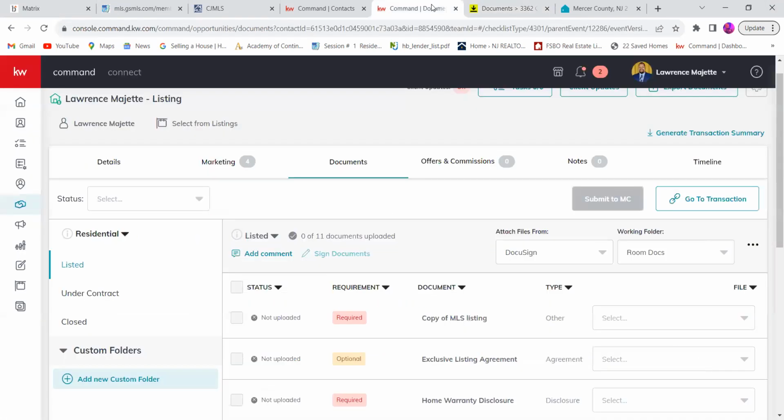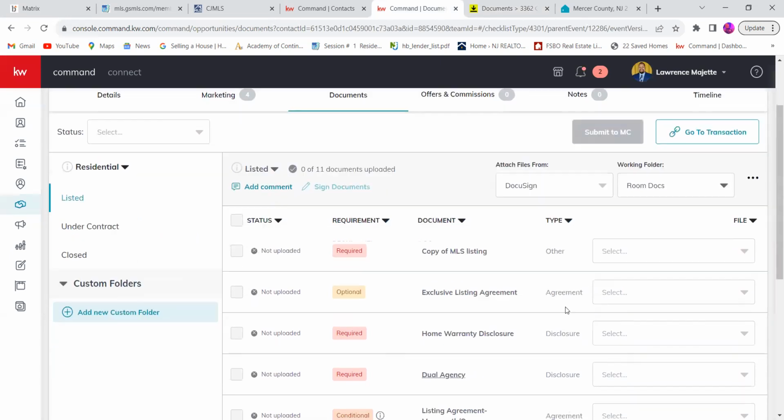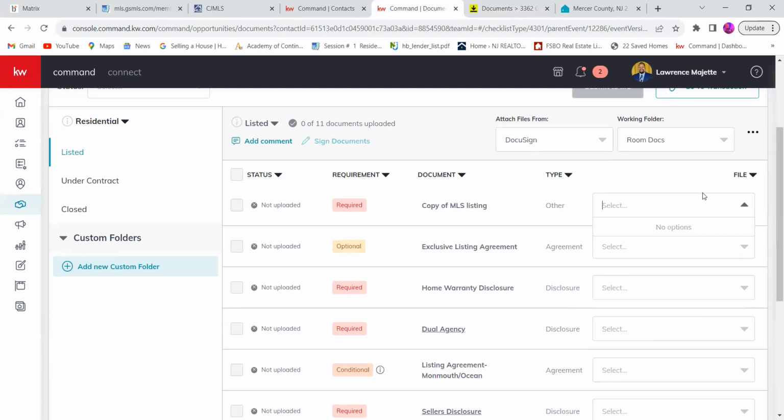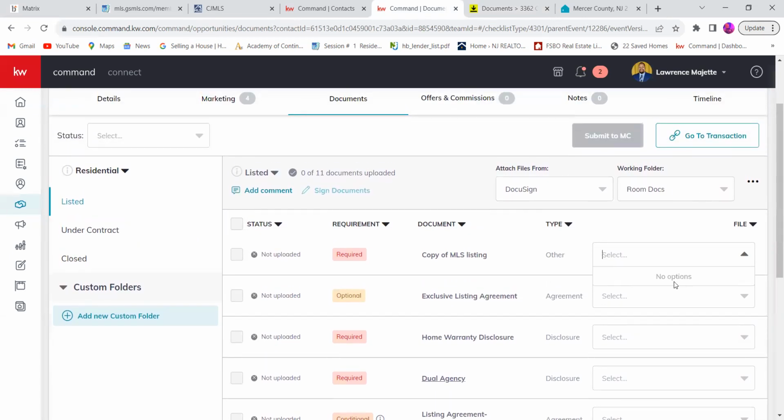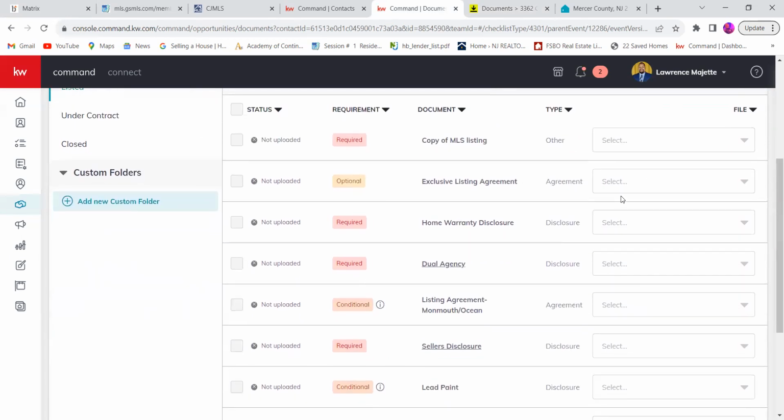Then you're going to go back to command, right? And you're going to go over under whatever opportunity that was. You're going to go to DocuSign. You're going to go to Room Docs, and you're going to go down and you're going to add. Well, I can't do it because there's nothing signed. So you're going to add the MLS, and you're going to add the listing agreement, but like I said, there's nothing there.